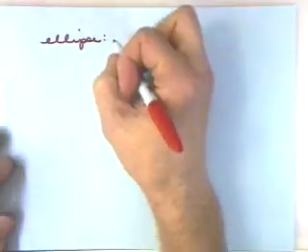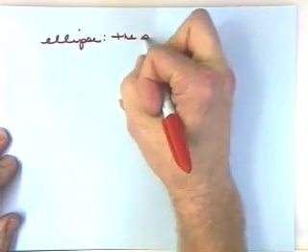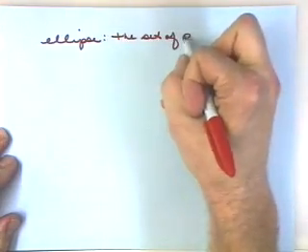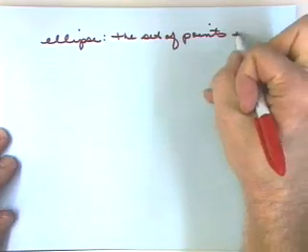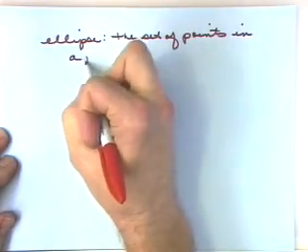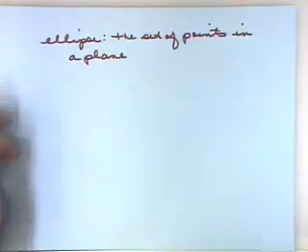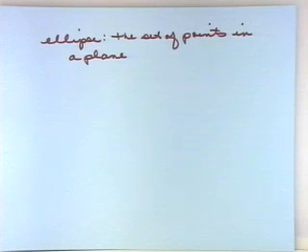Okay, an ellipse is the set of points in the plane. Anybody remember what an ellipse is?